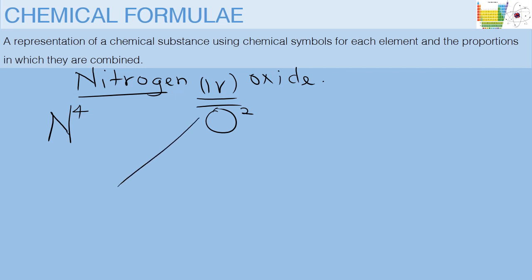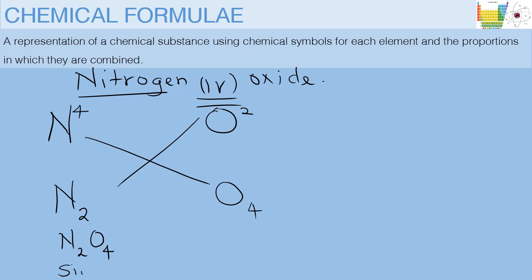We cross and drop and we'll have N2 and this side O4. When you write them close together, we'll have N2O4. However, when we meet such a scenario, we will have to use the simplest ratios for the combination of nitrogen and oxygen.